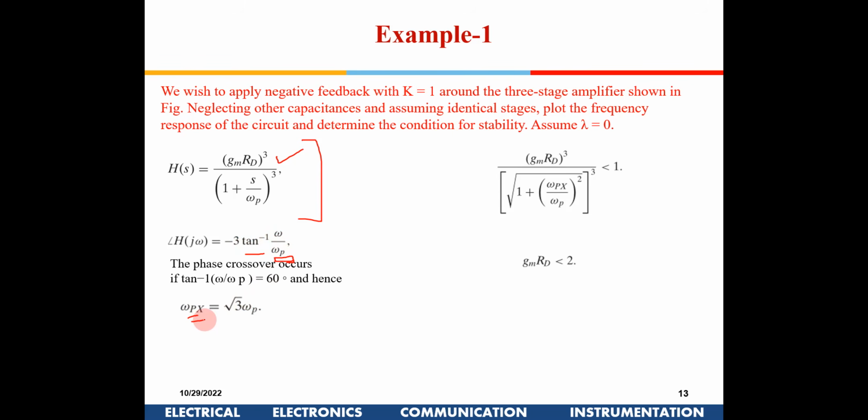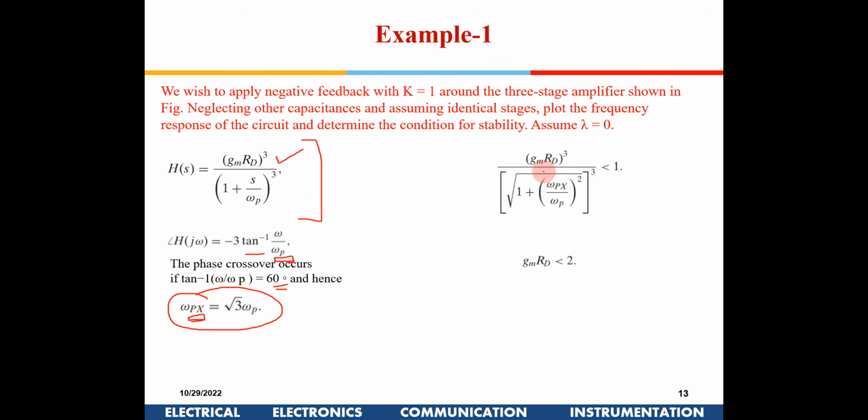Where for 180, I have to find out for 180 what is the frequency. So I put this as minus, so tan inverse is 180. So tan inverse omega by omega p will be 60, for which this is the frequency at which the feedback phase will be 180: root 3 omega p, right?